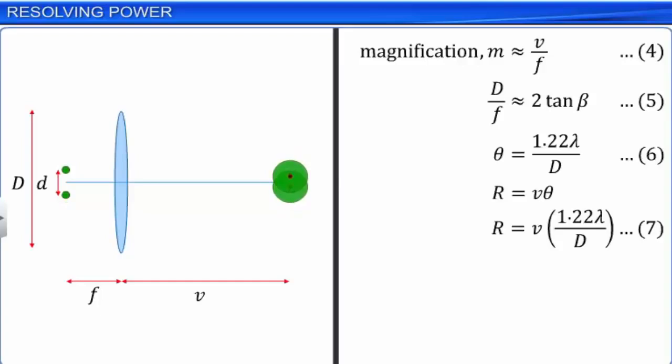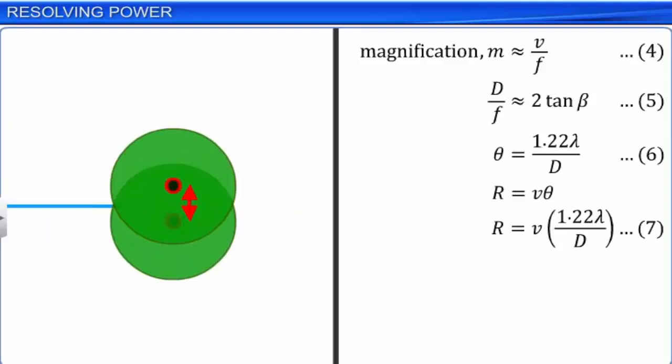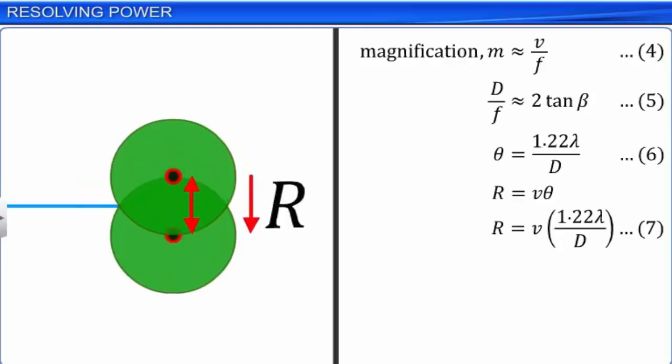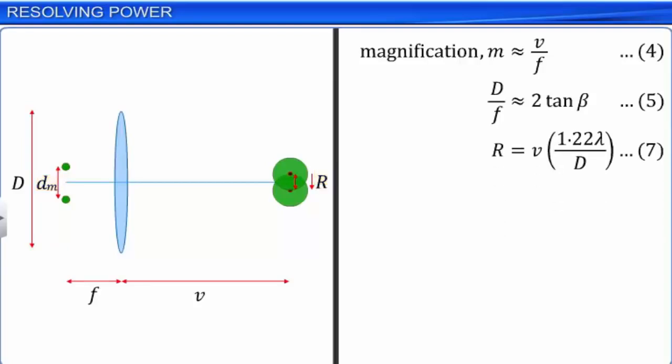If the separation between the two images is less than r, then the images are not resolved. Let dm be the minimum distance between the objects. If m is the magnification, then we can write r is equal to m into dm, or dm is equal to r by m.